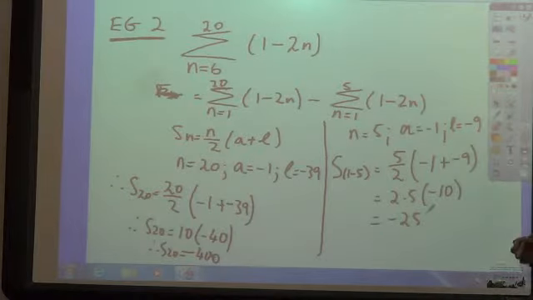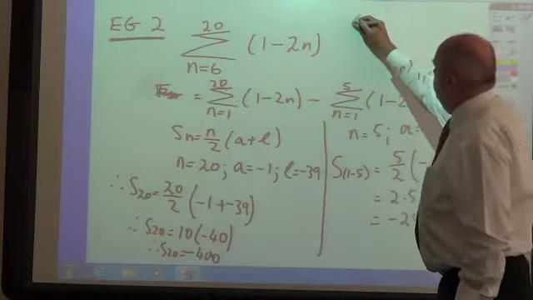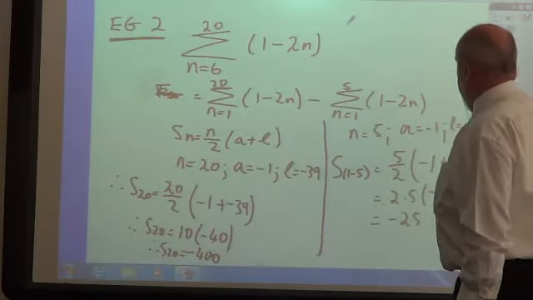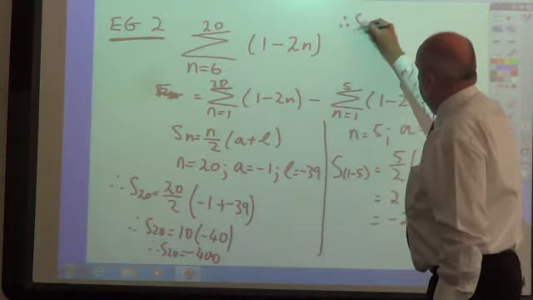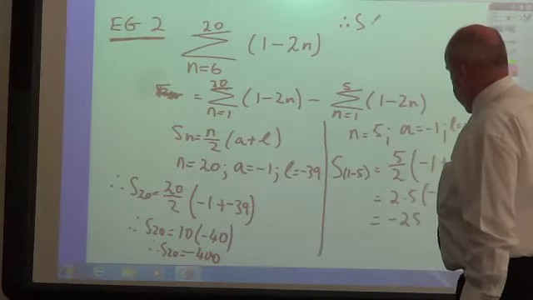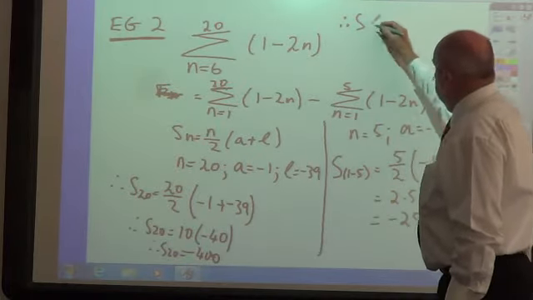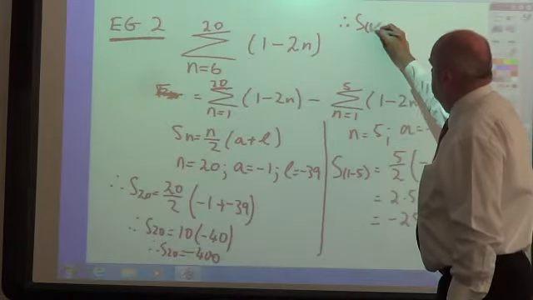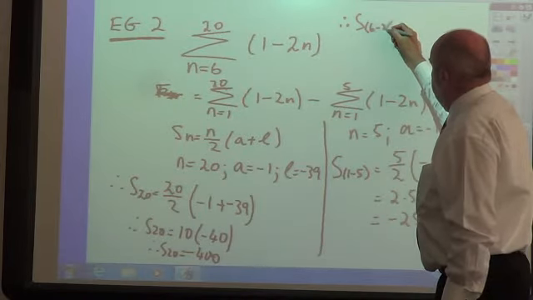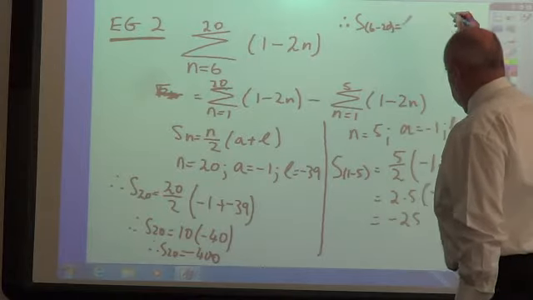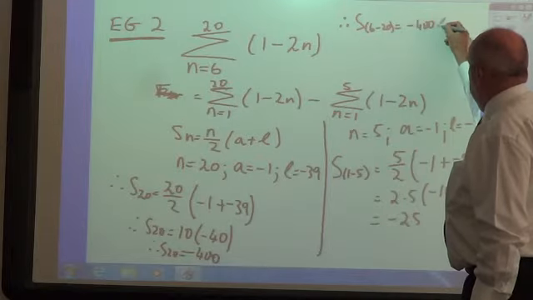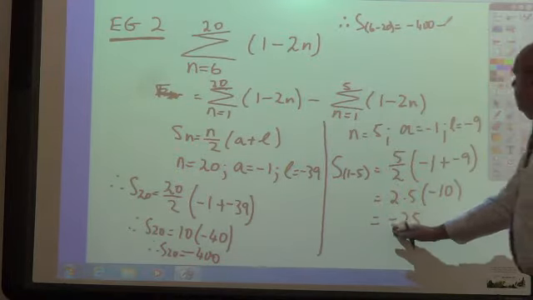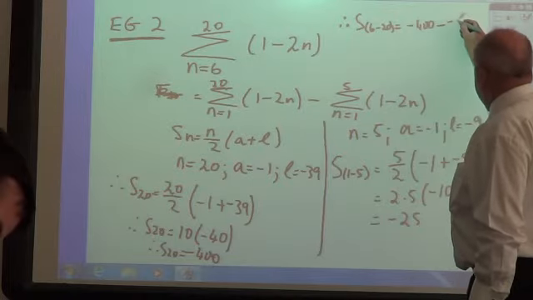Okay, so the conclusion I might write up here. Therefore, the sum of the series between the 6th and 20th terms inclusive equals negative 400 minus, it's always minus in this case, minus negative 25.